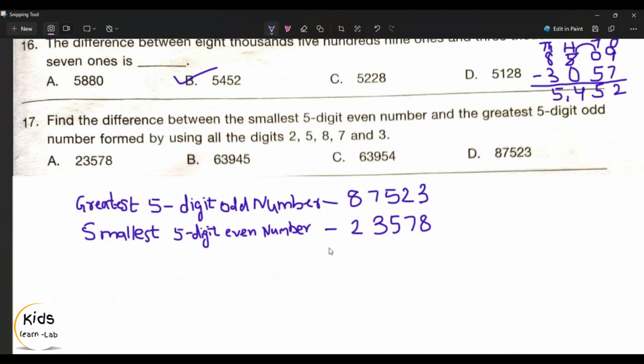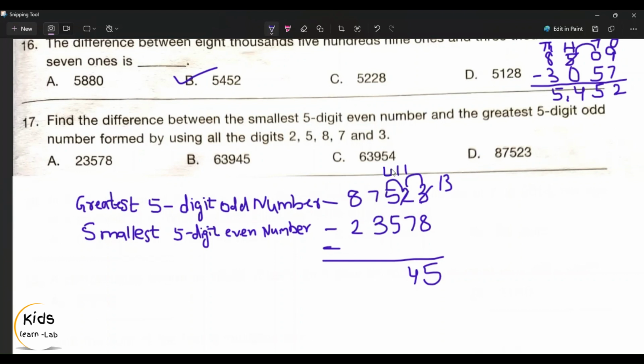So we are supposed to subtract the difference between these two numbers. So 3 minus 8 will not go. So take a borrow. 13 minus 8 is 5. 1 went borrow. It becomes 11. 11 minus 7 is 4. 1 went borrow.